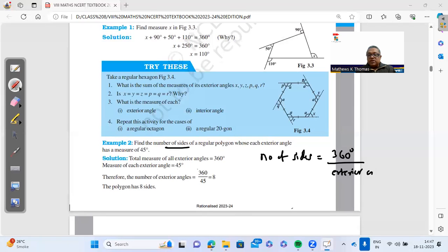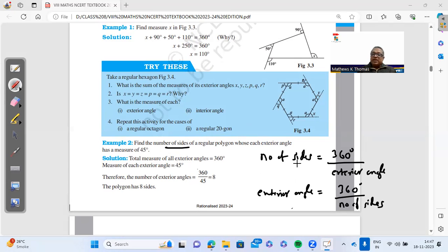Here the question is: find the number of sides whose exterior angle is 45. If the exterior angle is 45, 360 by 45 gives you 8. And if you want to find the exterior angle, we can use the formula 360 divided by the number of sides. So these are two formulas.